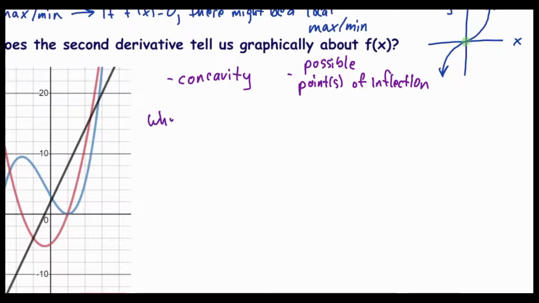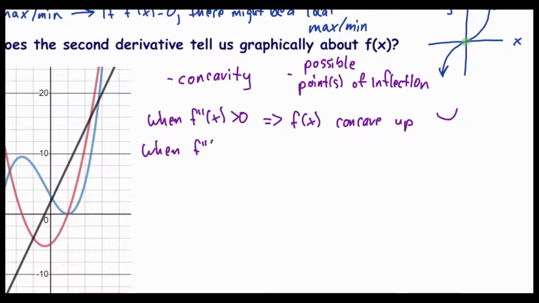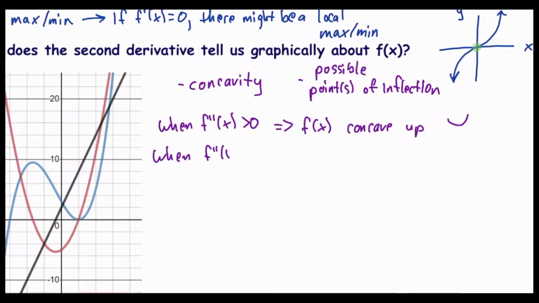When the second derivative, when f double prime of x is greater than 0, generally that's going to indicate that f of x is concave up. There's our smiley face. When f double prime of x is less than 0, or negative, then our original function f of x is concave down.